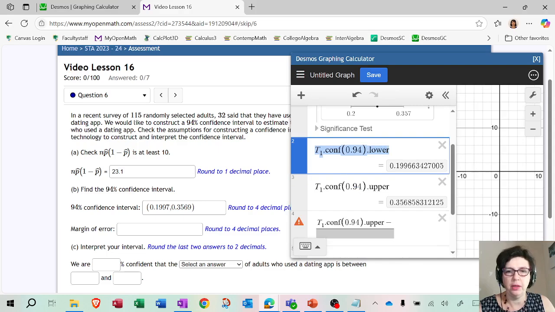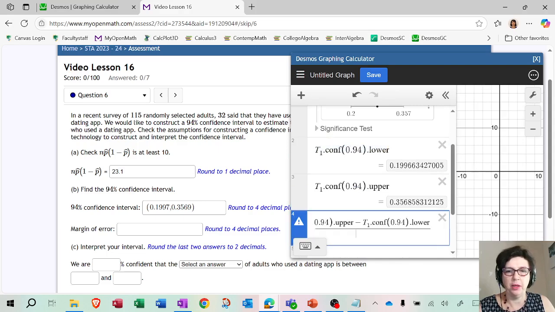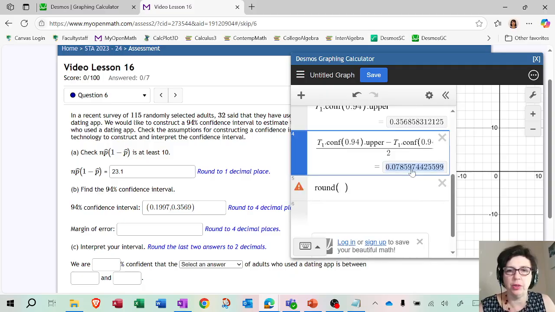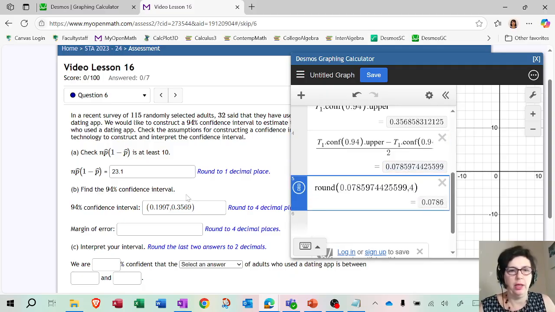So this guy right here, copy paste that here. And of course you can copy paste the actual numbers, but just remember that it's upper minus lower, not the other way around, because margin of error is always a positive number. Okay, and then we need to round this to 4 decimal places. So let's just do that. And that will be 0.0786.